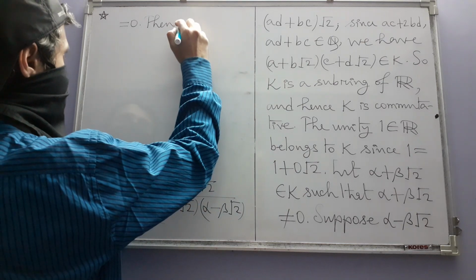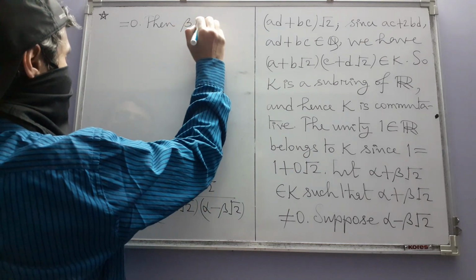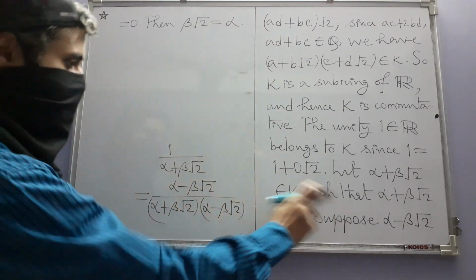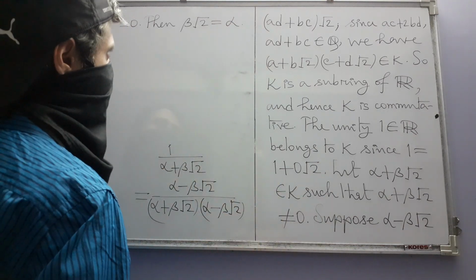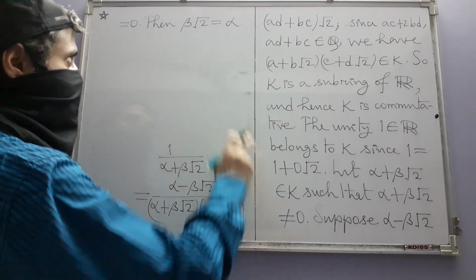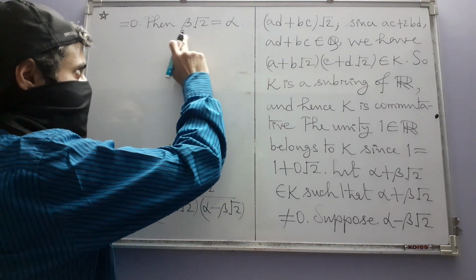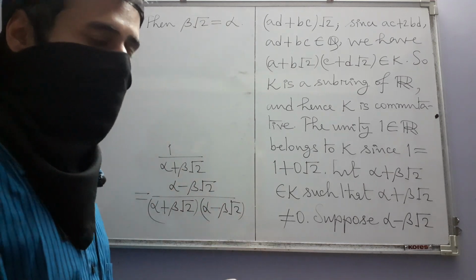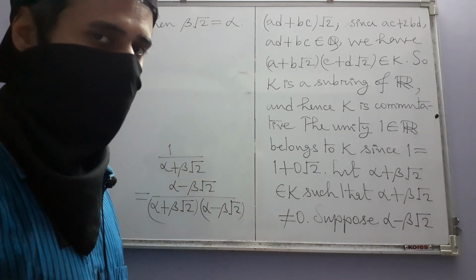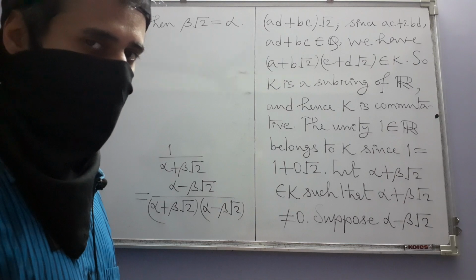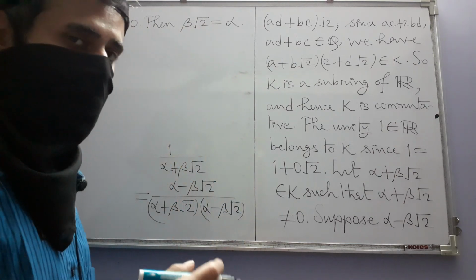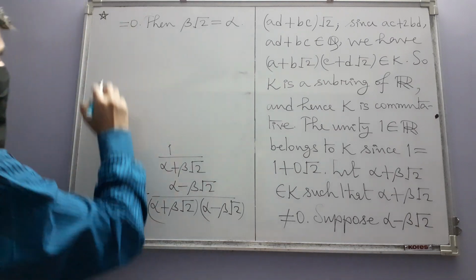Then clearly beta root 2 is equal to alpha. That just immediately comes from this supposition. Now you are able to divide both sides by beta in this equation provided beta is a non-zero rational number. We already know that alpha and beta are both rational. If beta is a non-zero rational number, then we can divide by beta.